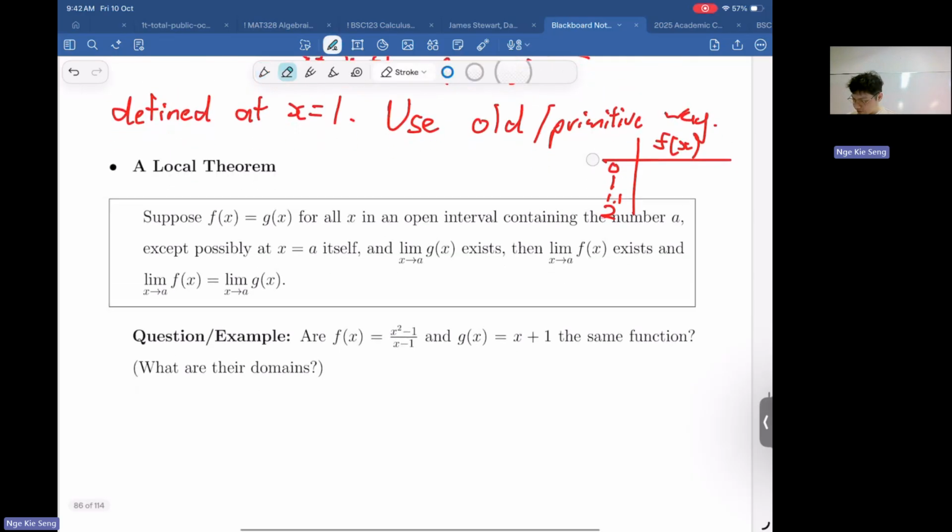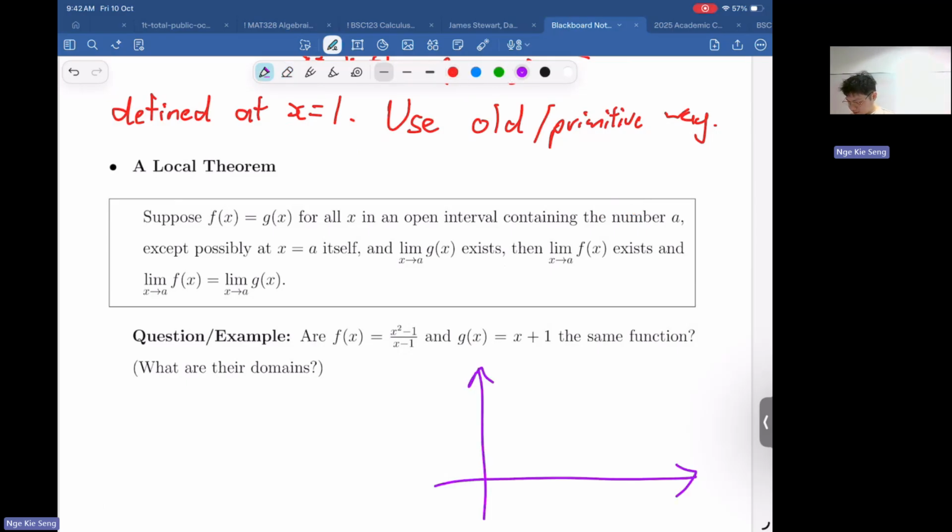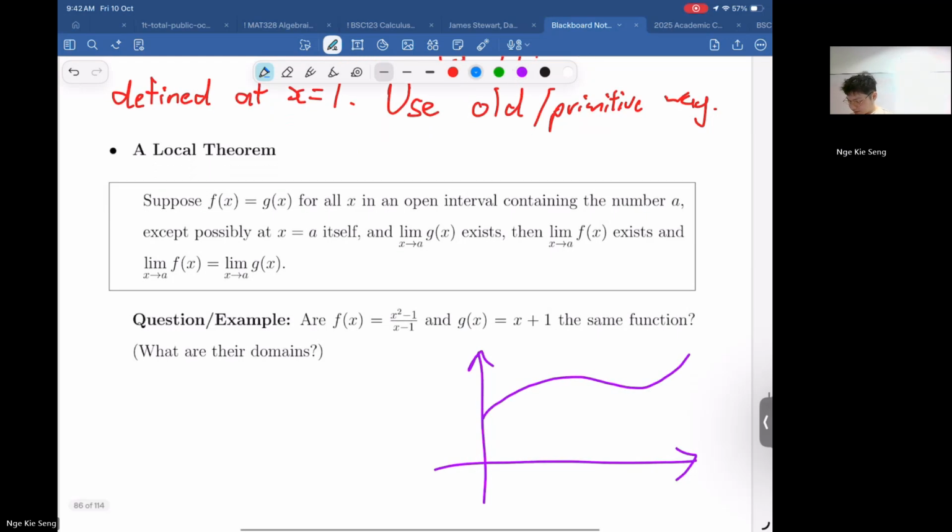Let me remove this table first. So the picture is like this. You've got the f like that, and then they are the same around the neighborhood of a. So the open interval of a maybe looks like this.